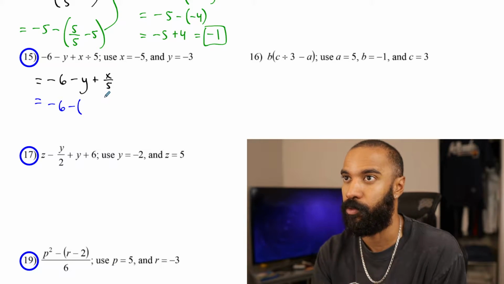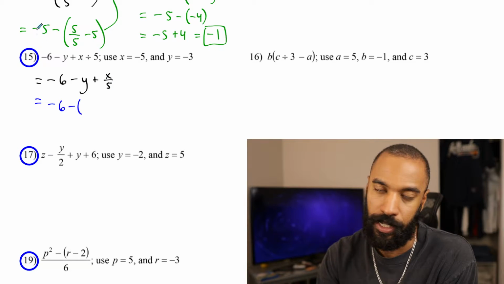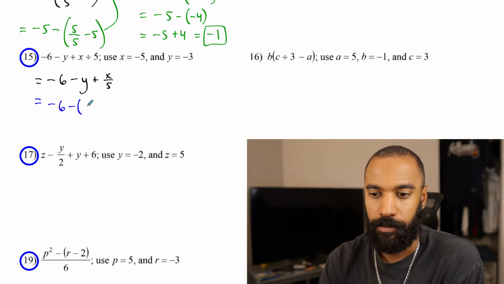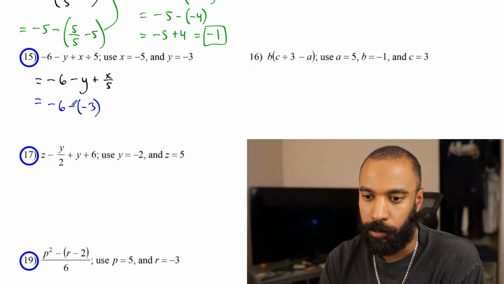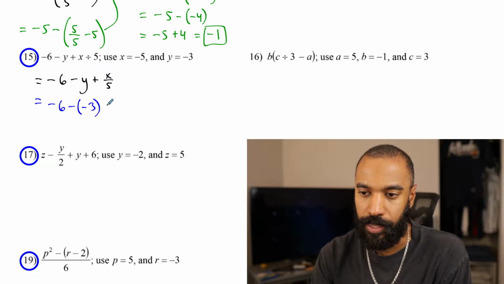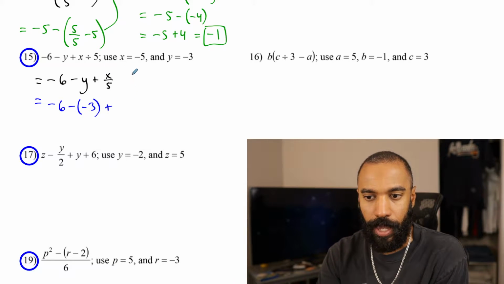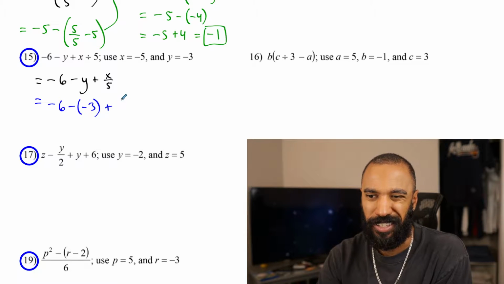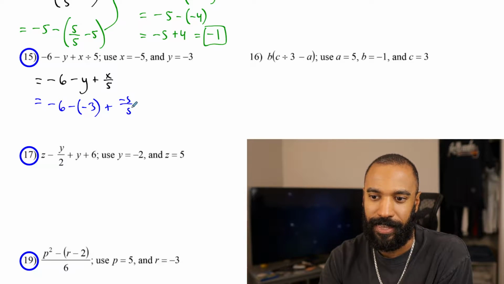I can't think of a time I wouldn't want to substitute without parentheses for a negative unless it's the leading term. Maybe I'll do it then next time as well. Subtracting y, subtracting -3. Parentheses around that, crucial. And even with this one too, I don't want this plus -5 like that. That kind of looks hokey. I like that there.